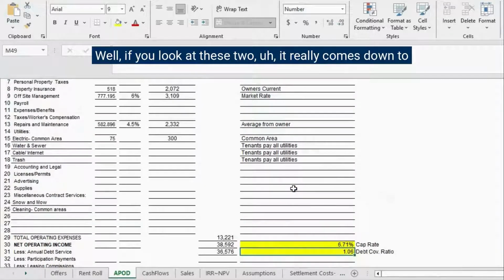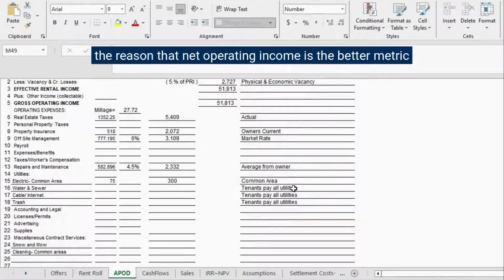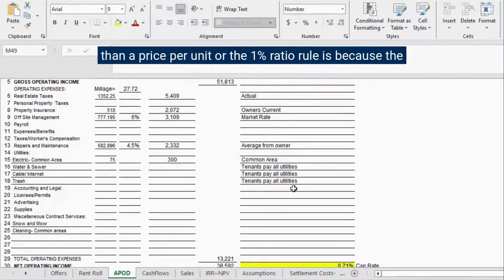Well, if you look at these two, it really comes down to the reason that net operating income is the better metric than a price per unit or the 1% rule, because the net operating income takes into account the expenses for the property.